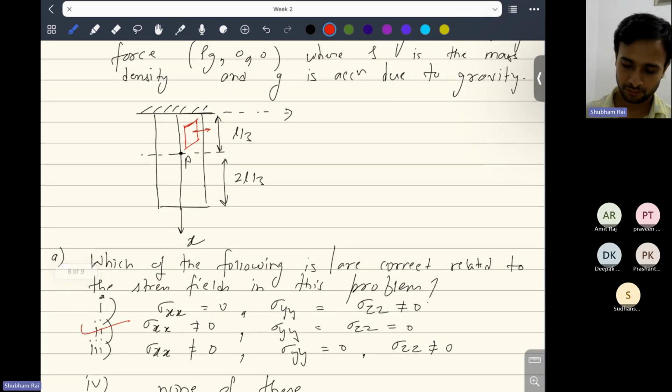Because you can think of infinitesimal volume. Let me just try to do this. Okay. So you think, and this is y vector. Let's say you have force in this direction. And on the left edge also we have force in this direction.